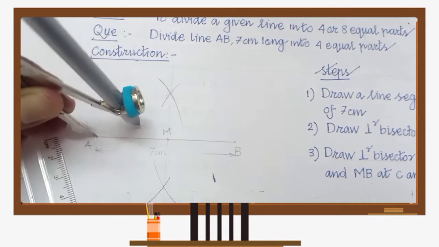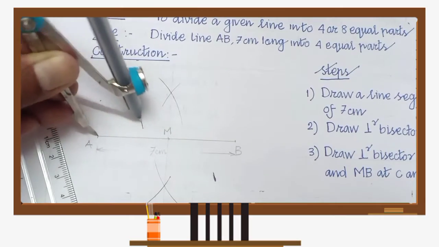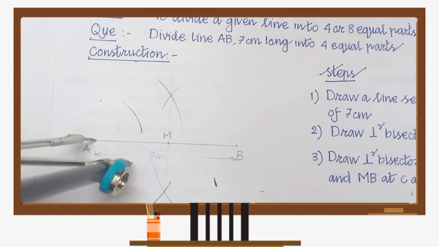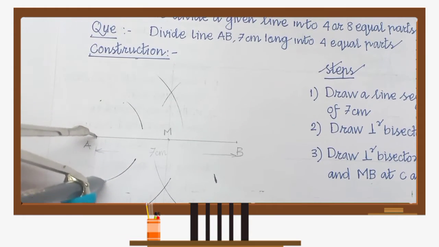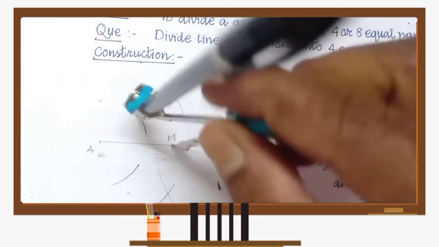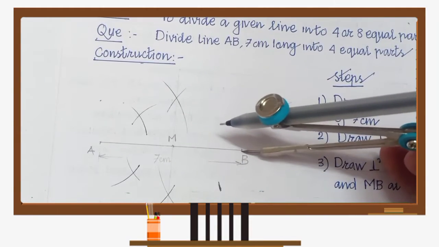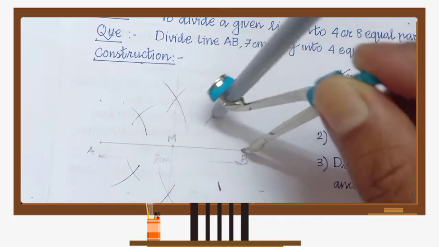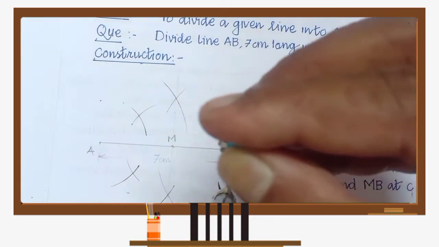So for that you take a distance more than half. Again draw the curve in this way, in this way, again in this way. In the same way you draw a perpendicular bisector of another part.